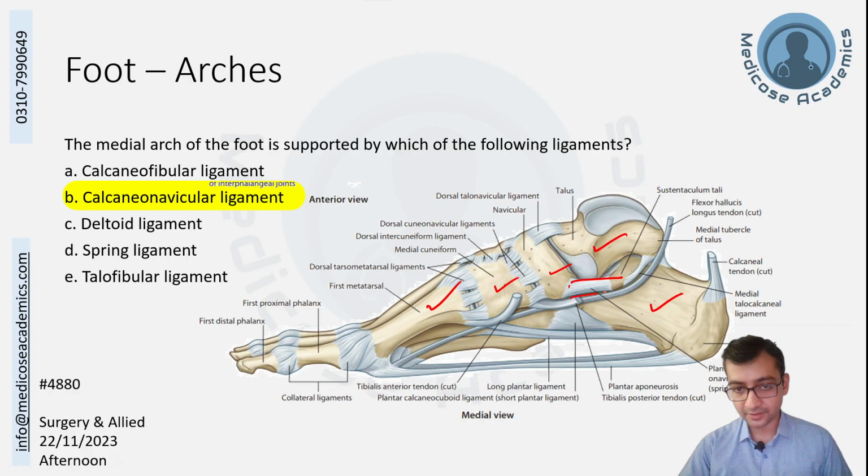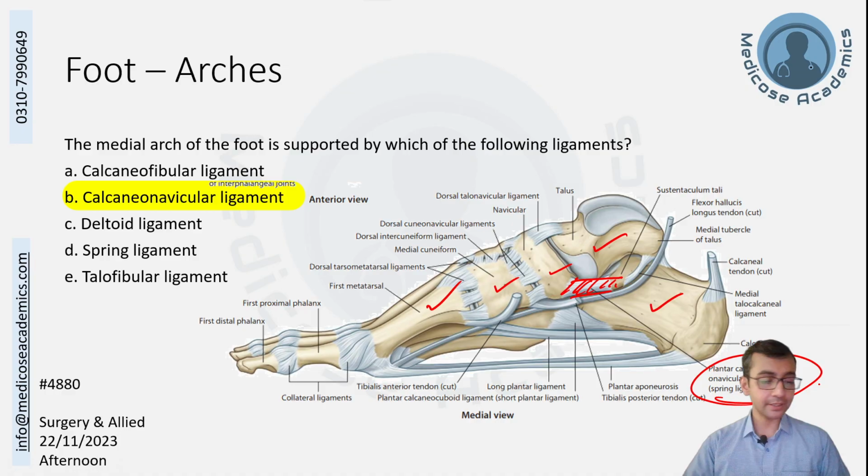So this ligament is very crucial to it, that is known as the plantar calcaneonavicular ligament, and that is also known as spring ligament, that gives a strong attachment between sustentaculum tali of the calcaneum and the navicular bone, holding them together, giving a resting space for the talus above.